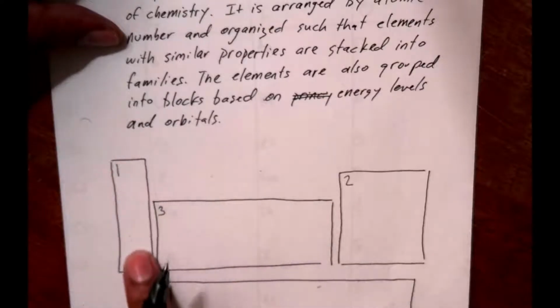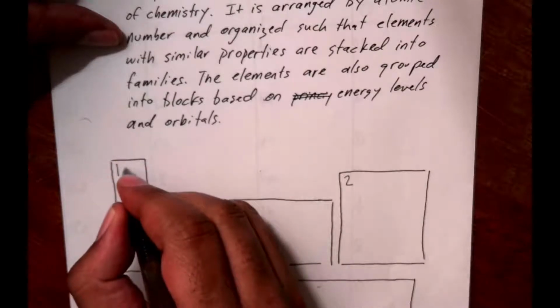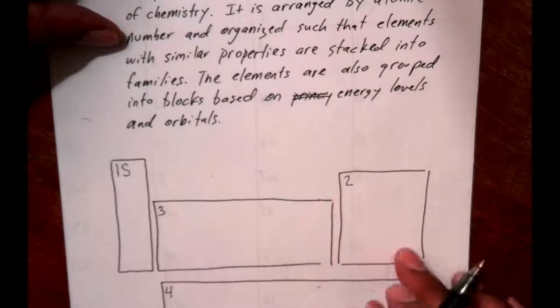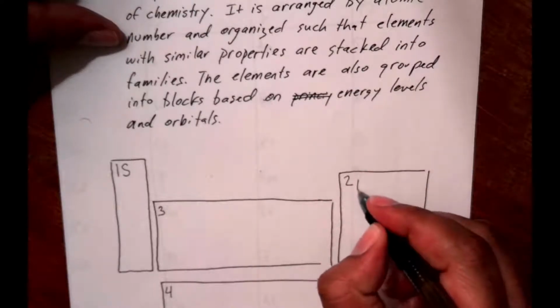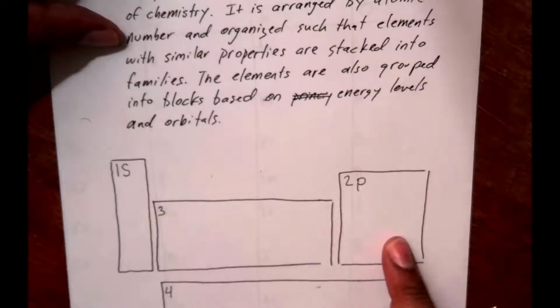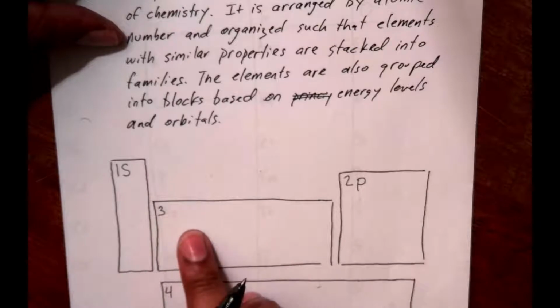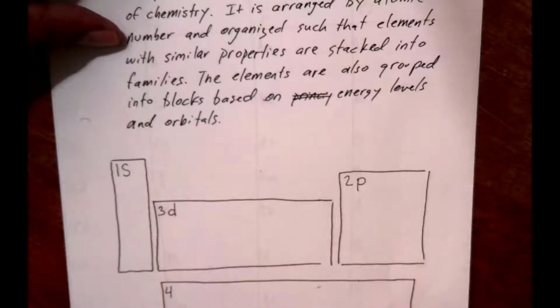For this tall block here, which starts on the first floor, the name of this block is S. This block here, which starts on the second floor, the name of this block is P. This long block, it's got 10 across, okay? This one also starts on the 3rd floor, and we call this block D.